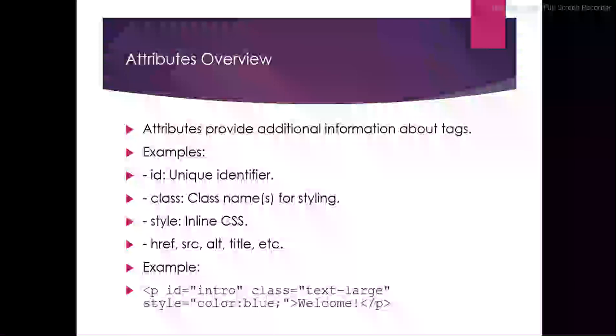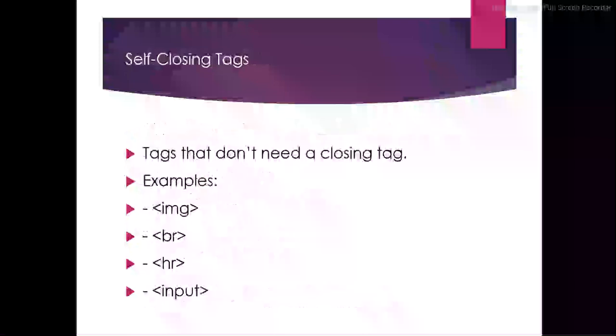One example given here is the paragraph tag, which has an id attribute and class attribute. These we'll see when we go into CSS, cascading style sheets. Then you have an attribute called style, style equal to color colon blue. What it will do is just change the text color into blue, nothing else.